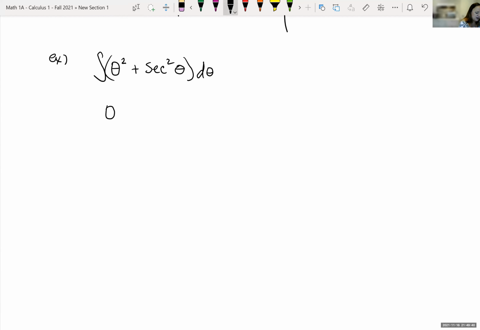So we're just going to add 1 to our exponent, which would be 3, and divide by the new exponent, which would be 3. Thinking to ourselves, what can we take the derivative of to get back secant squared theta? That would be tangent of theta. And then we have some plus c.